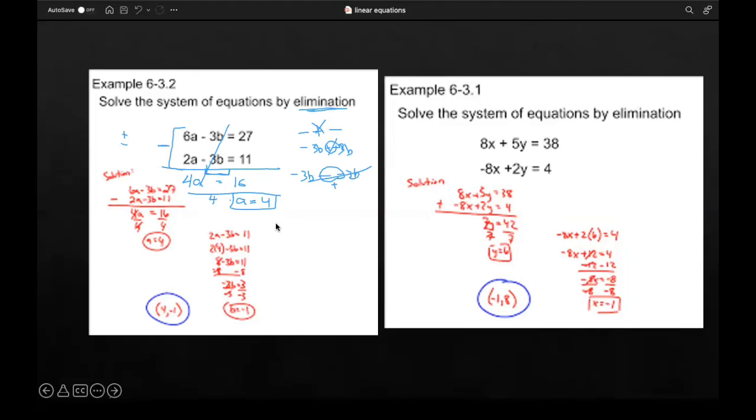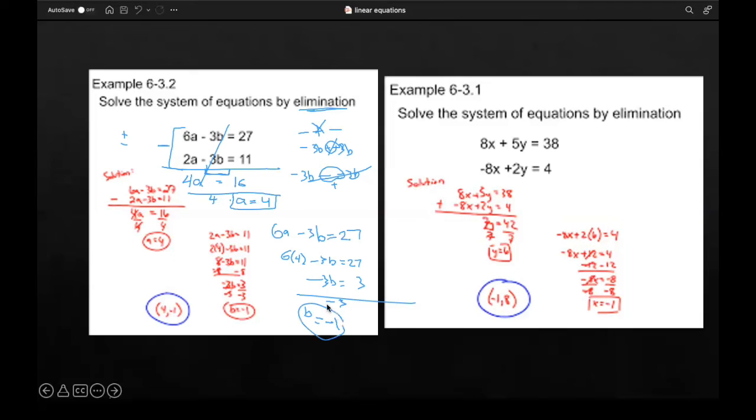So let's say I take 6a minus 3b equals 27. So 6 times the a that I got, which is 4, minus 3b equals 27. 24 minus 3b equals 27, so negative 3b equals 27 minus 24, and 27 minus 24, that's a 3. Divide by negative 3, divide by negative 3, thus b equals negative 1.